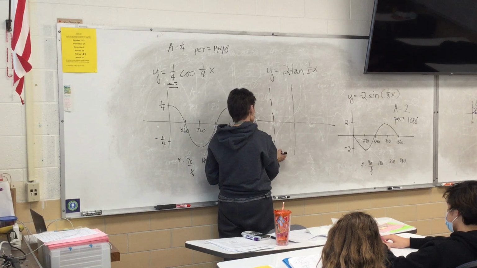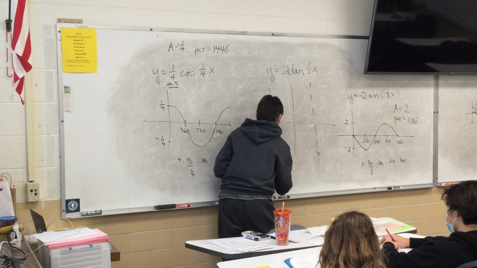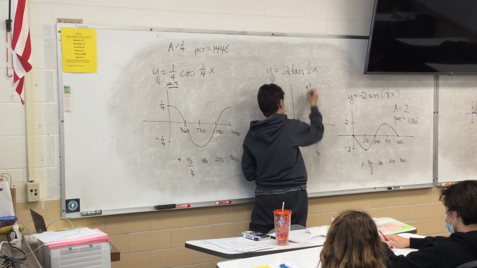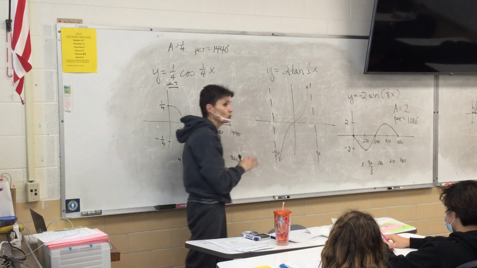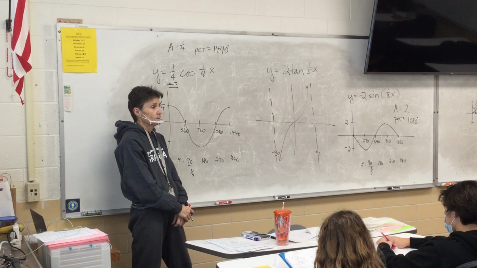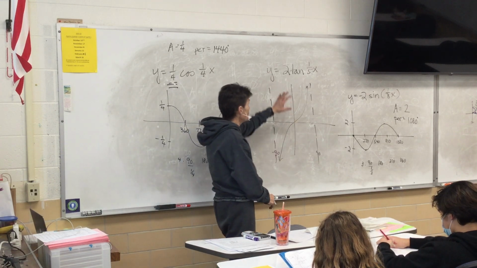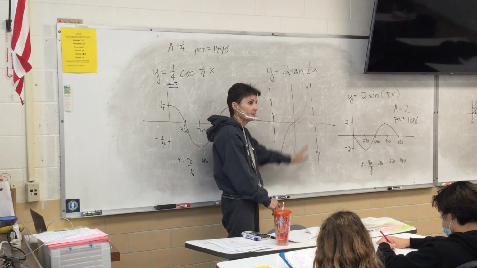They have an asymptote at -90 and +90, and a squiggly line through the origin. That's what tangents look like. So I'm ignoring the 2 because I don't have any height there.